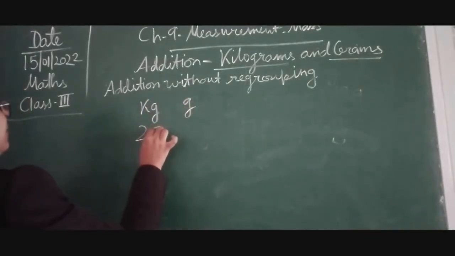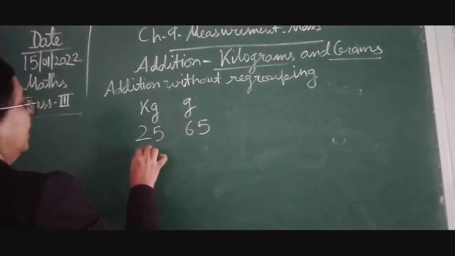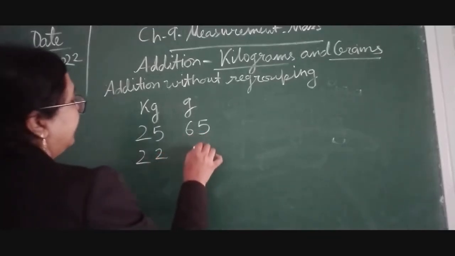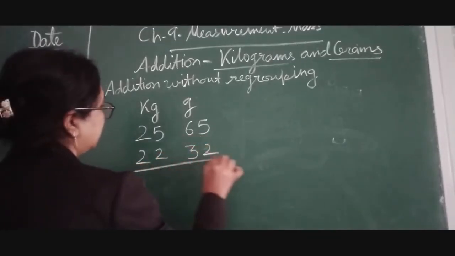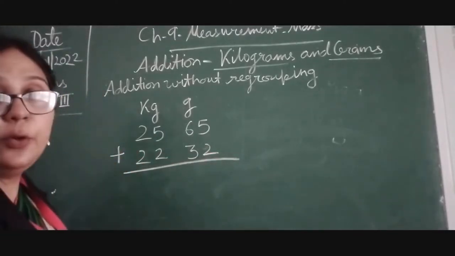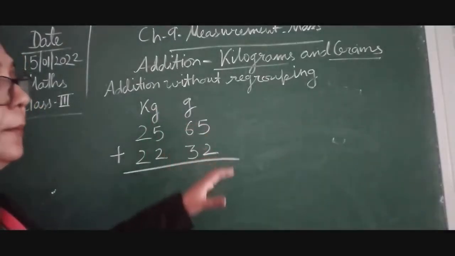Suppose 25 kg, 65 gram, 22 kg and here 32 grams. Okay, now we are going to add this. This is without regrouping. We are not going to carry the numbers.